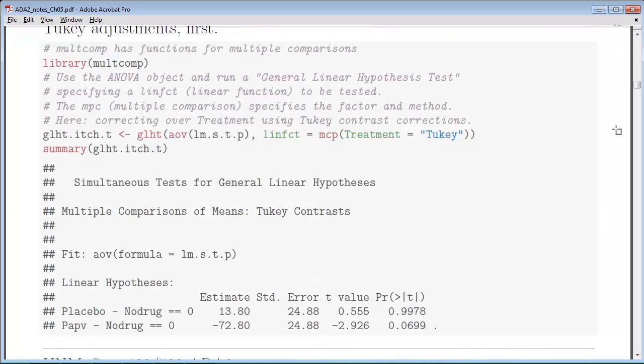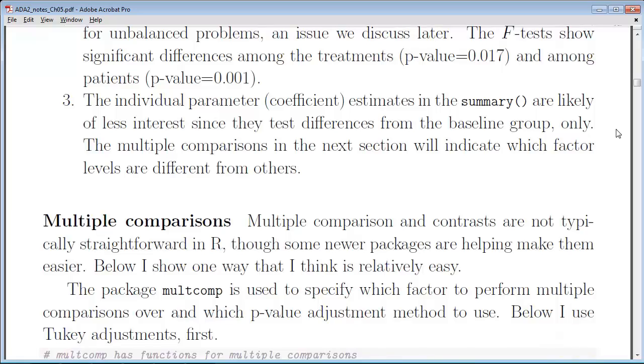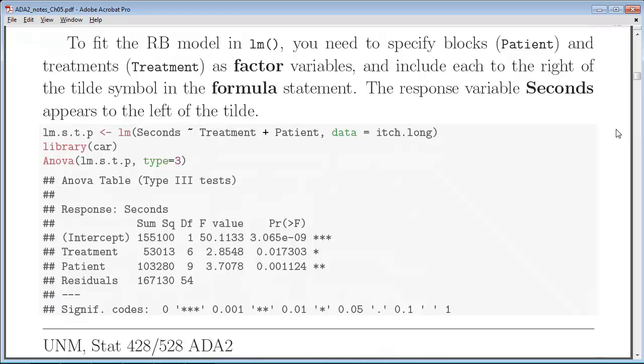After doing this analysis, we found that there are differences between treatments, but also between blocks, between the patients, which is important because it allows us to observe this treatment effect.